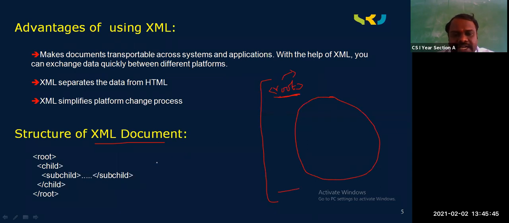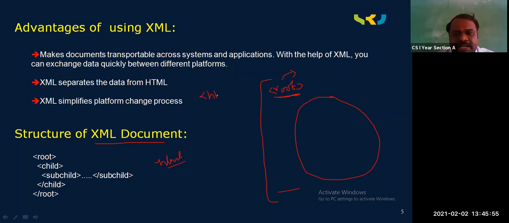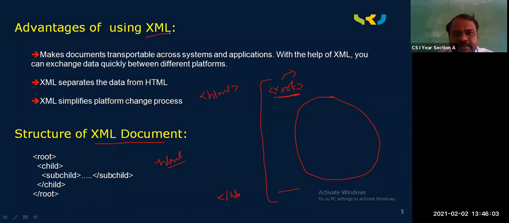If I want to write an HTML program, which tag do you use to enclose your entire HTML program? HTML tag. Yes, sir. Similarly, if you write any XML document, you have to enclose the entire document in one tag. That tag must be the root tag.